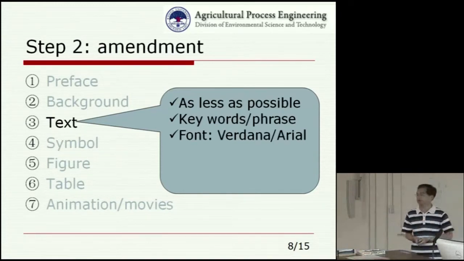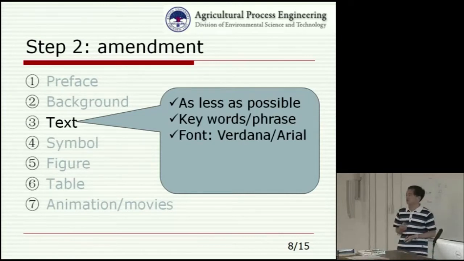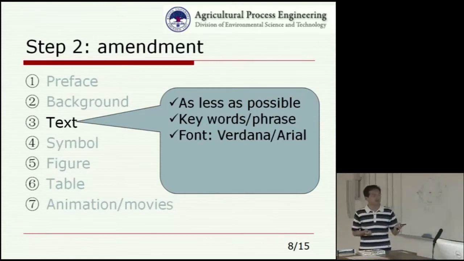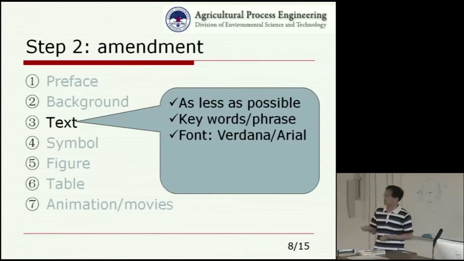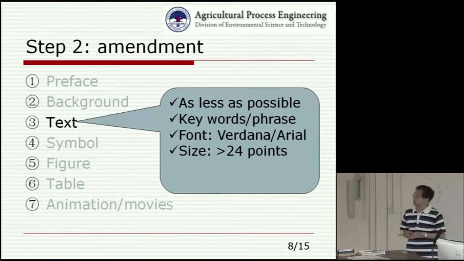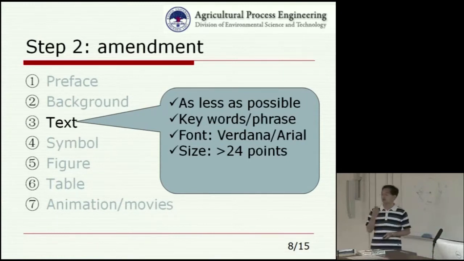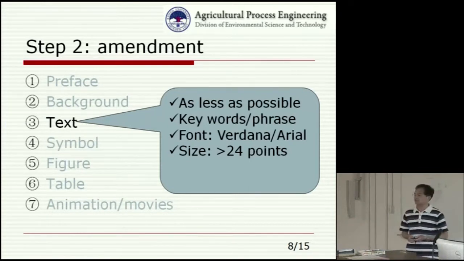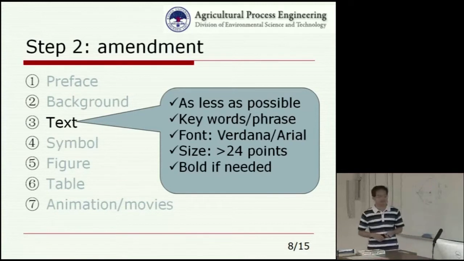So the recommended font for projection is Verdana and Arial, not Times New Roman. Times New Roman is good for printing or publication, but not good for projection. And the font size, make sure every word is no less than 24 points, to make sure everyone in the room can see it clearly. And if needed, we can make it bold to make it even more clear.